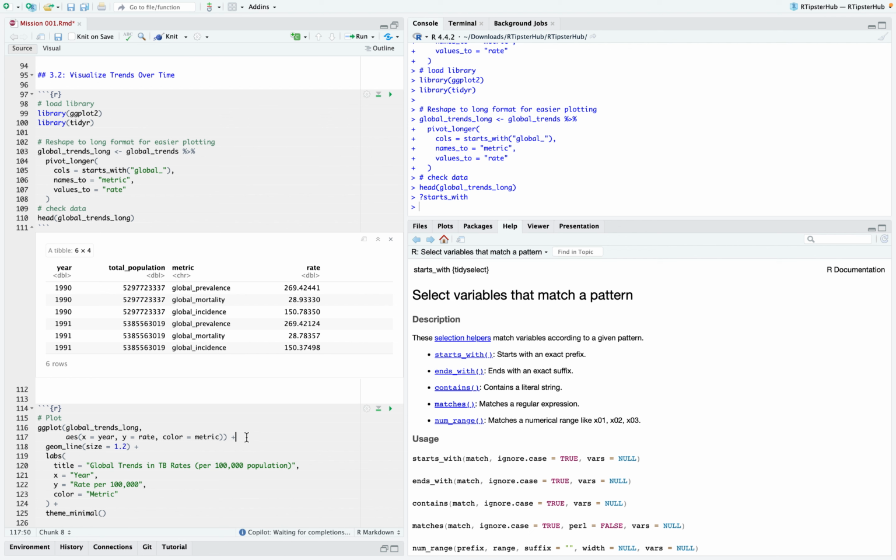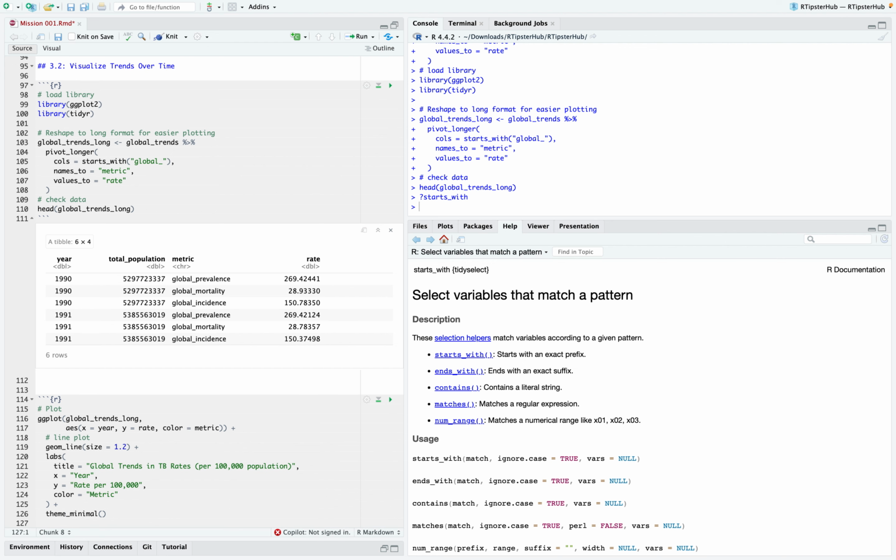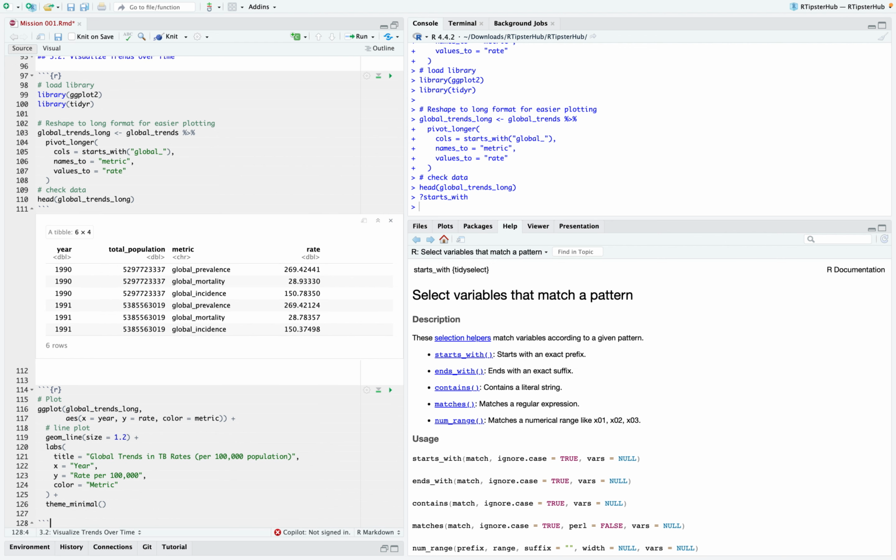Then we add a line plot. And then labs, which are the labels of the graph. In this case, the title, the year for the x-axis, the rate per 100,000 people for the y-axis, and then the color for the metric. Then theme minimal is a type of theme that strips down the graph to be as clear as possible.